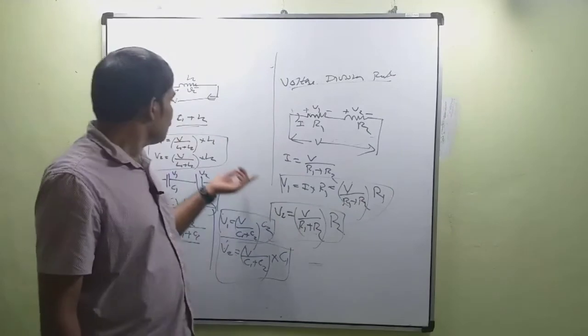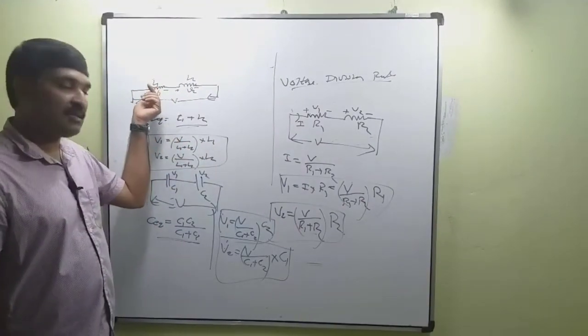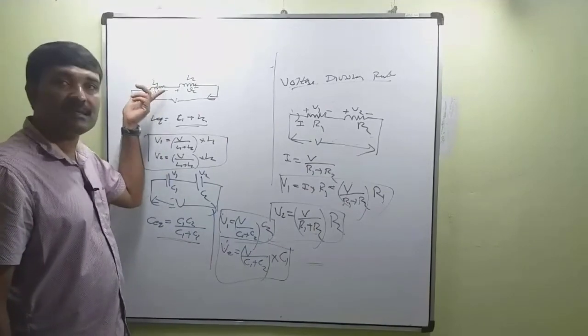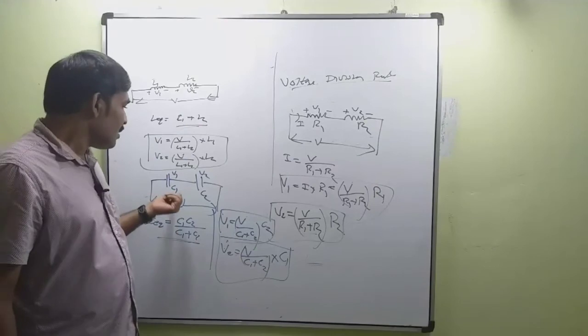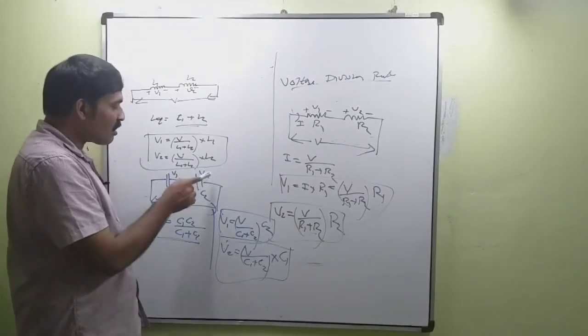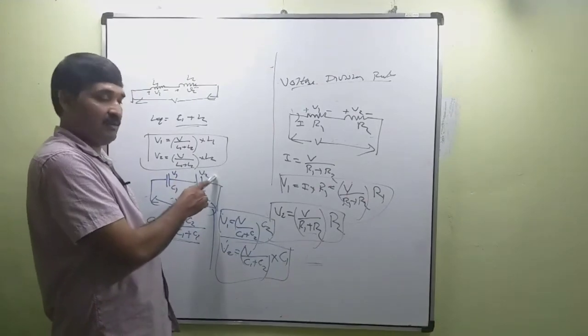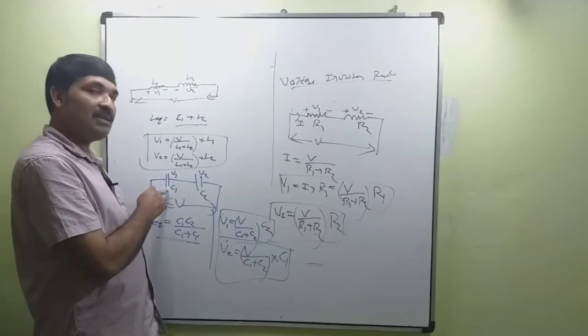And in the inductance case also, if L1 is large, then the voltage across this inductance is large. But in the case of capacitance, if C1 is large, then the voltage across V2 is higher. If C2 is large, then the voltage across C1 is higher.